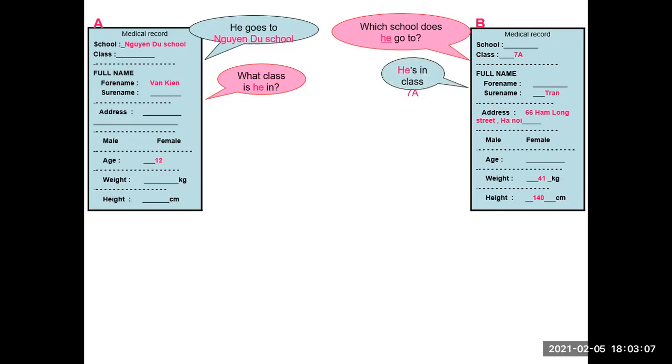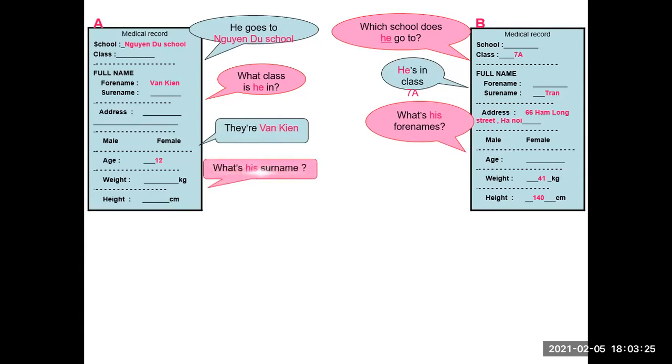Which school does he go to? He goes to Chuyên N school. What class is he in? He's in class 7A. What's his full name? What's his surname?